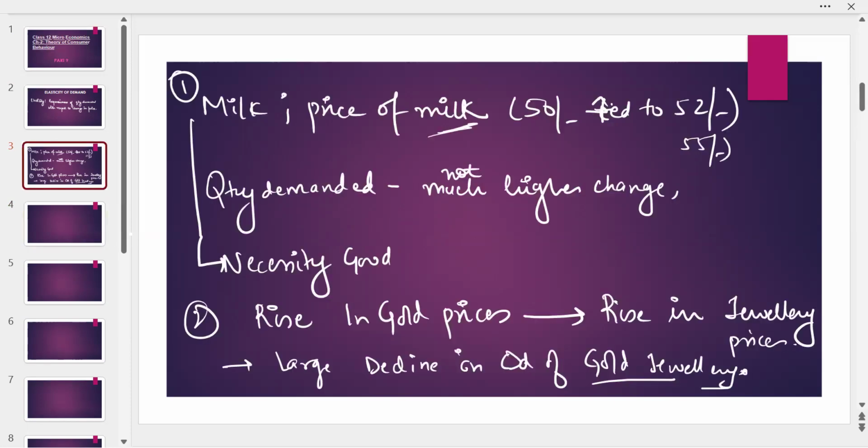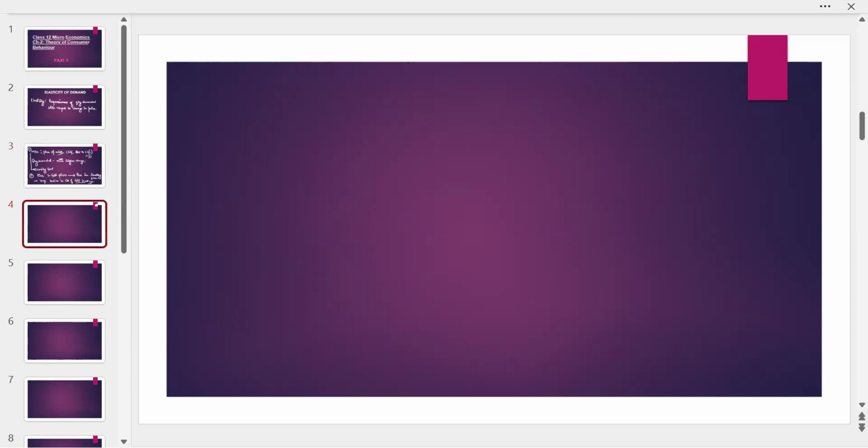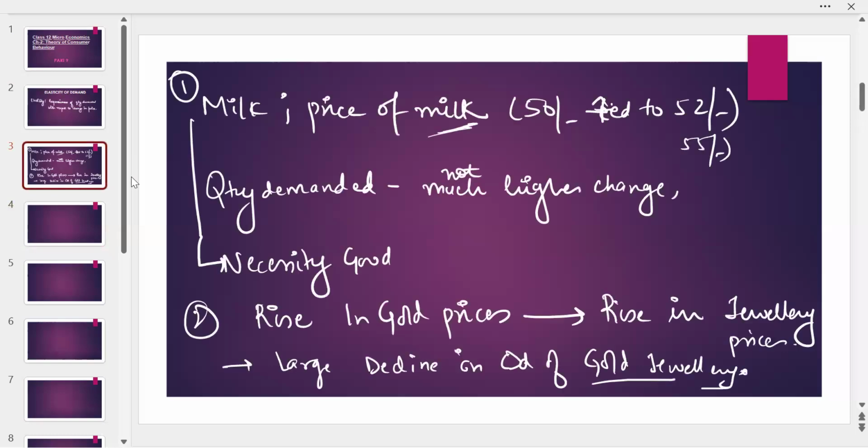In this way, we say that the impact of change in the price is very high. The people will demand very less gold jewelry. However, in the case of milk or any other necessary products, the impact on quantity demanded will not be much high. So I hope this is more clear. We will come back to it again.